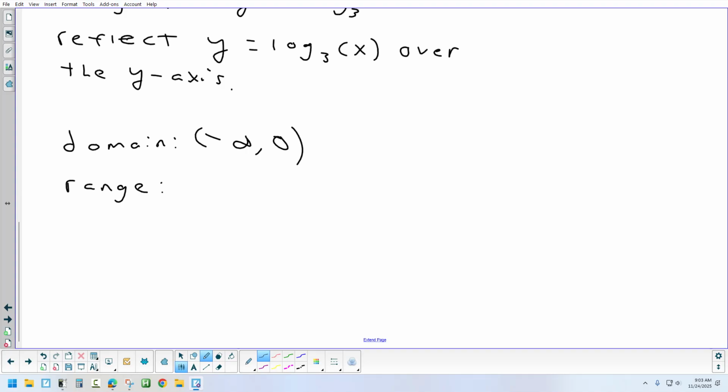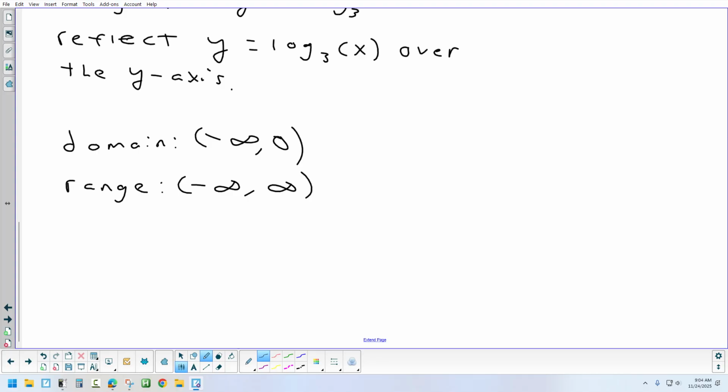How about the range? If you reflect it horizontally, what would the range be? It'd still be all real numbers. When you graph a logarithm, the range never changes. Range is always all real numbers.